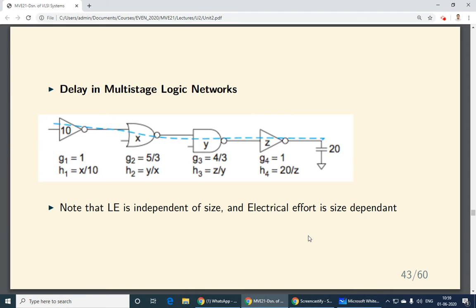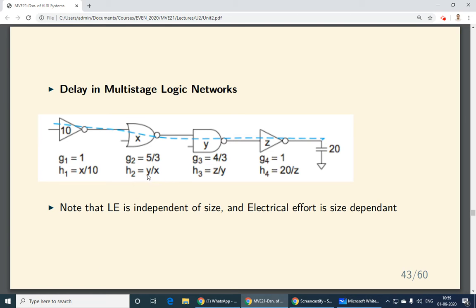So once again, going back to the previous diagram, here if you calculate H for each stage, that is H1 is x by 10, H2 is y by x. So if I want to calculate H1 into H2 into H3 into H4, x by 10 into y by x, so the x and the x will get cancelled.